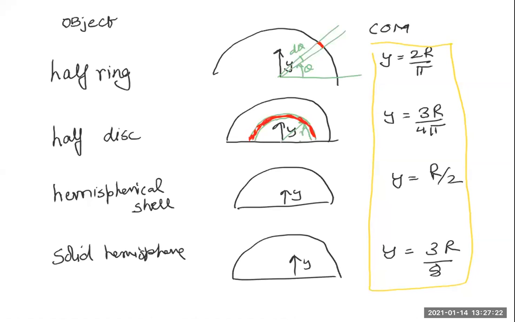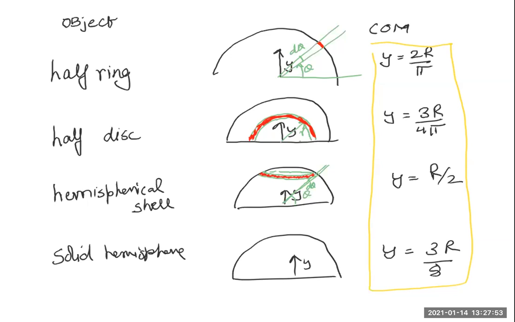For the hemispherical shell at an angle of theta, with width d theta, we had a ring, a full ring, like this. So this was the element.